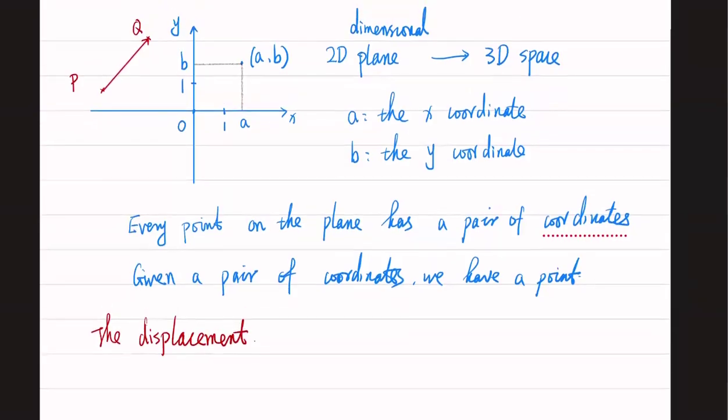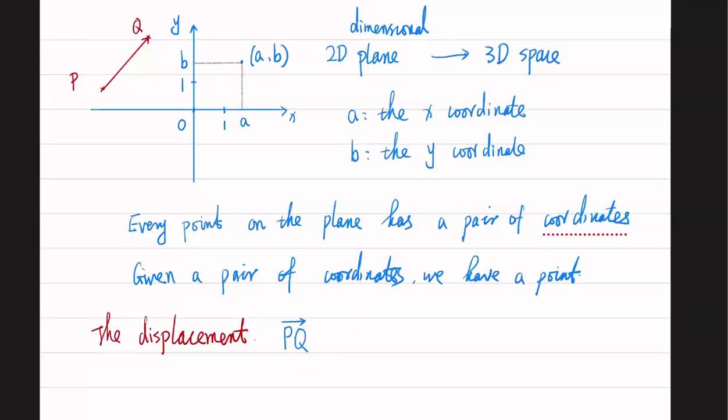The displacement is the change of coordinates from one point to another. So how did the coordinates change from P to Q? A notation for this will be P to Q, and we put an arrow on top of it. So this will be the displacement. We also call it a vector. So a geometric object.